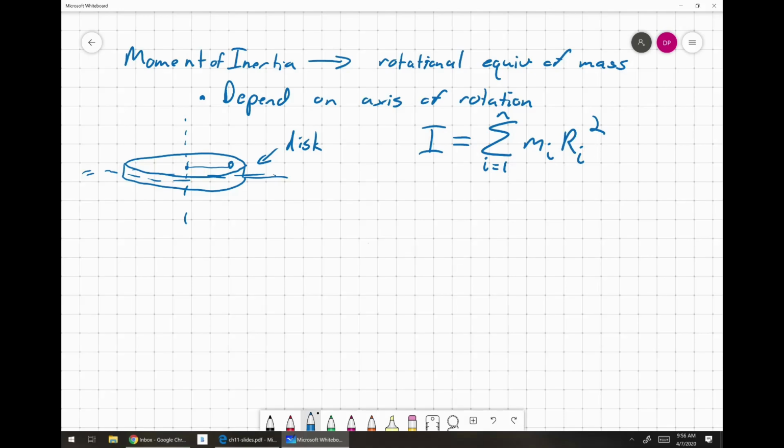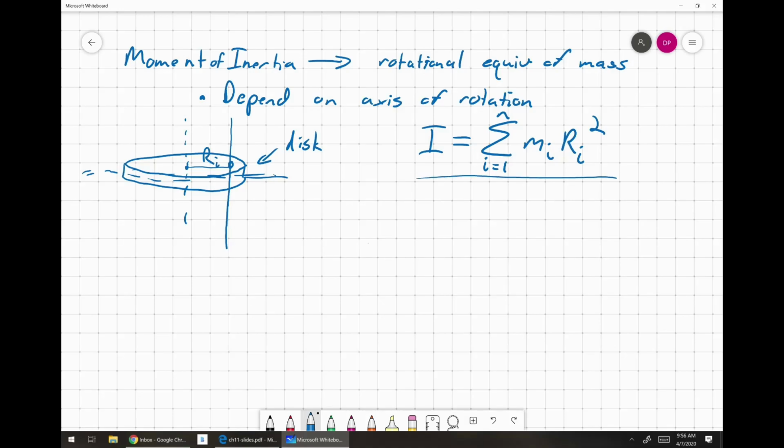So that's a little different than, say, a position r, so anything anywhere along this line will have the same capital R for that point, because it's the same distance from our axis of rotation. So we would then sum this up for all these little pieces of this disk to get its total moment of inertia. So this is our basic definition.